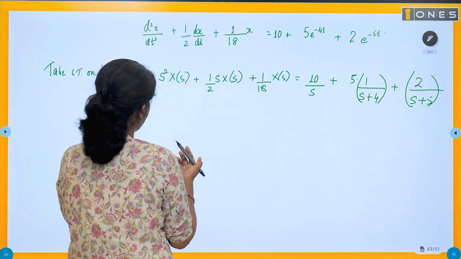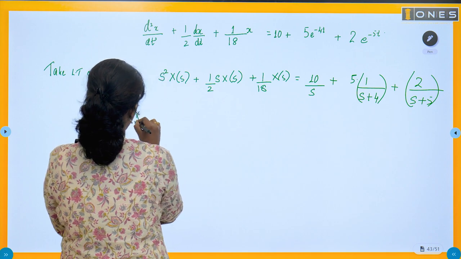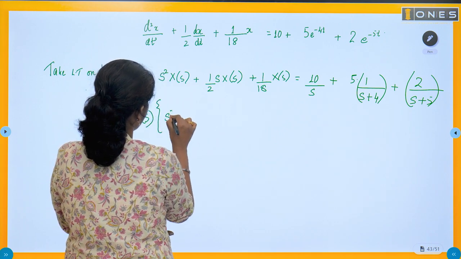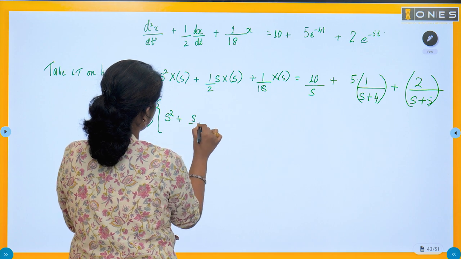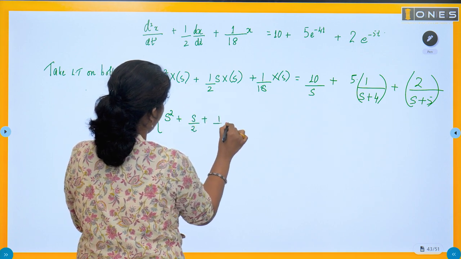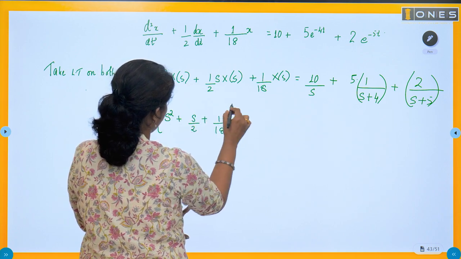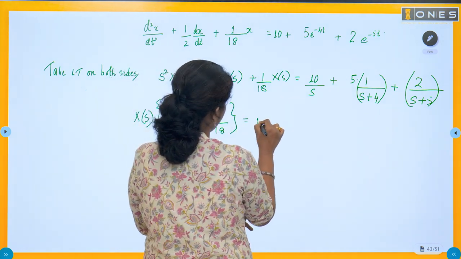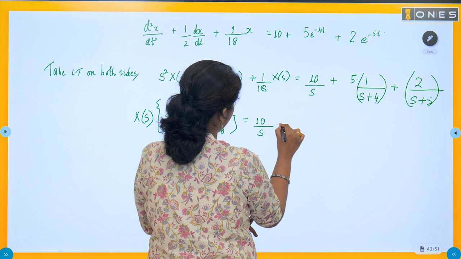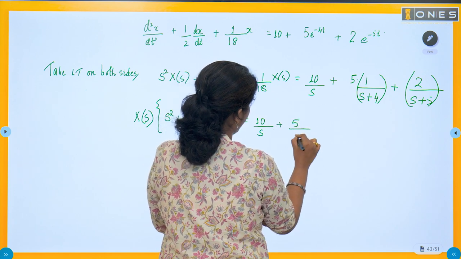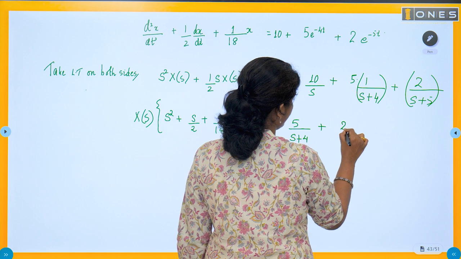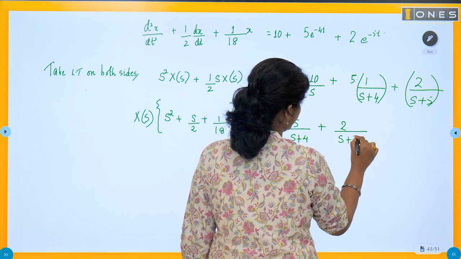X of s. So X of s, I'll take common outside. We have X of s into s square plus s by 2 plus 1 by 18 is equal to 10 divided by s plus 5 by s plus 4 plus 2 divided by s plus 5.